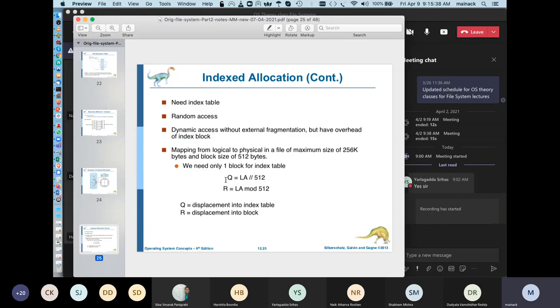So what is the displacement within the index table? 75 integer division by 512, which is 0. So you will go to the 0th location in the index table, and following that pointer you go to a data block, and within that you will go to the 75th byte and start reading or writing.